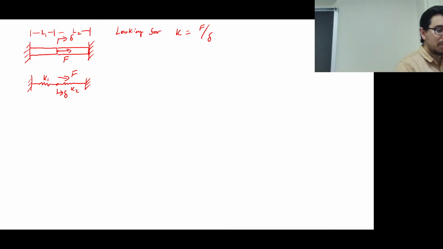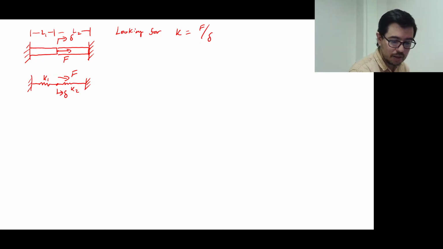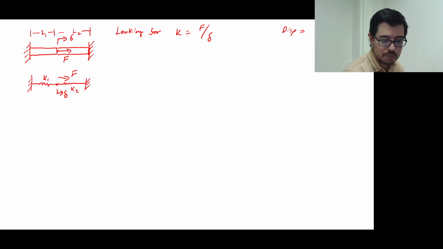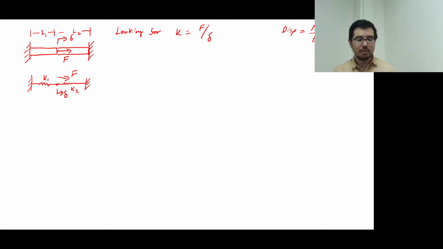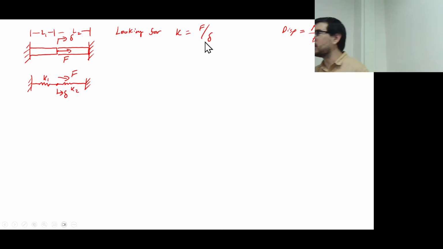Why is that? Do you remember the general formula? Instead of delta, I'm just going to write displacement is equal to PL over EA. Normally I write delta, but I've got a delta over here, so I'm not going to write delta.